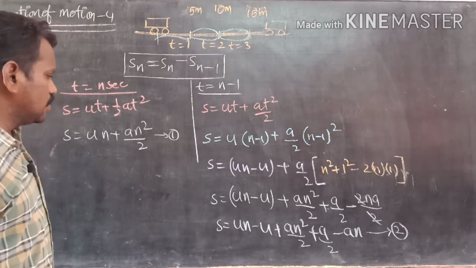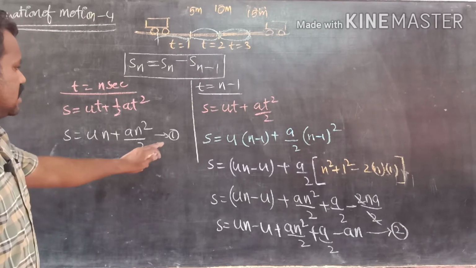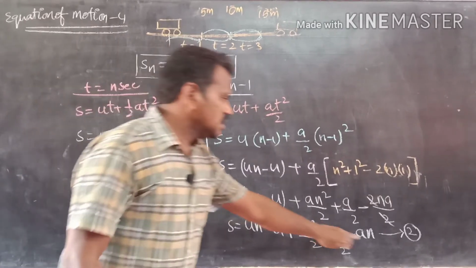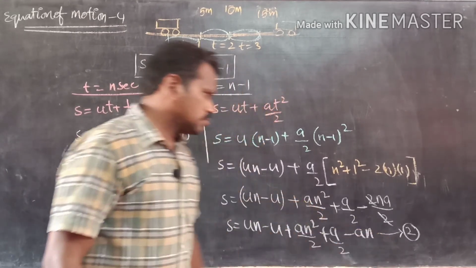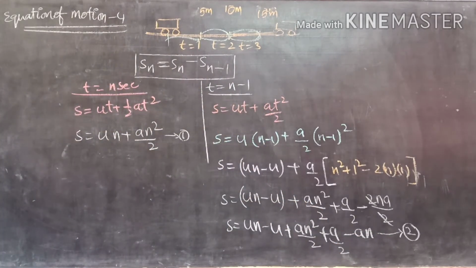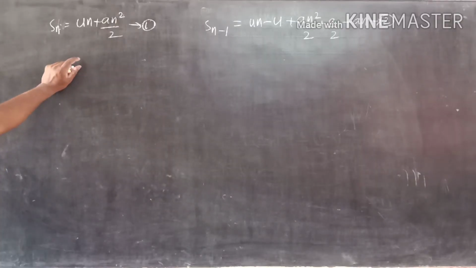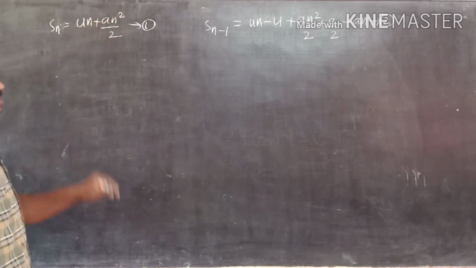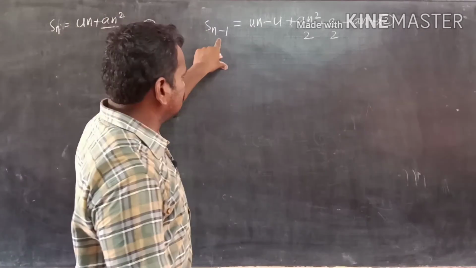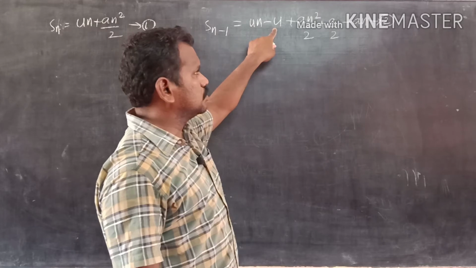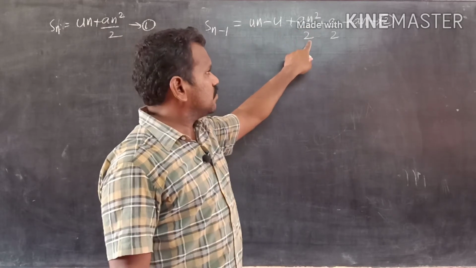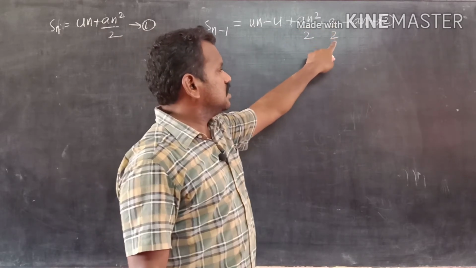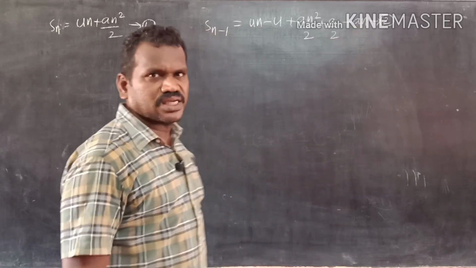In the next step, we should subtract equation 1 and equation 2. Till now, we derived Sn is equal to un plus an square by 2. Sn minus 1 is equal to un minus u plus an square by 2 plus a by 2 minus an.